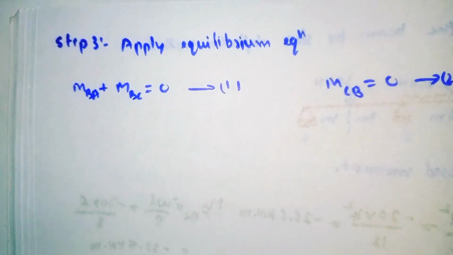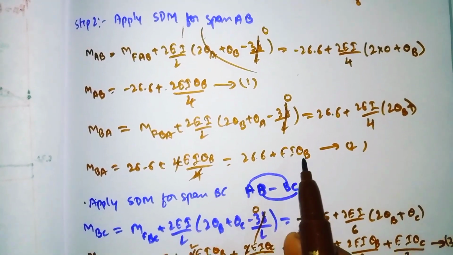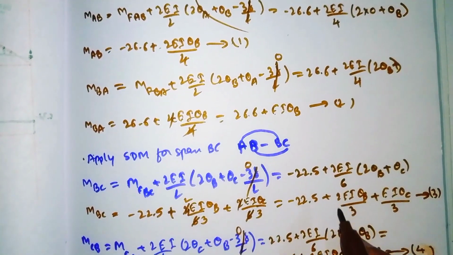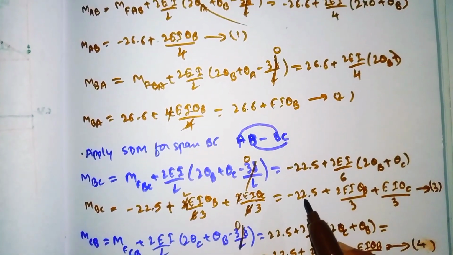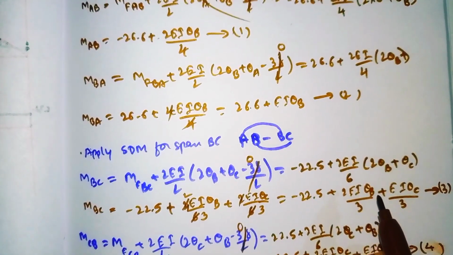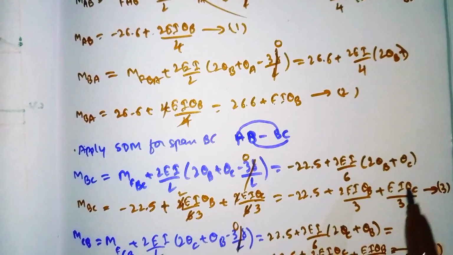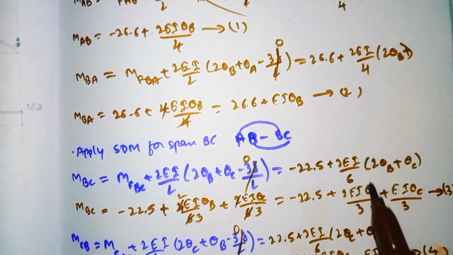Our MBA value we got was 26.6 plus EI theta B, and MBC value we got was minus 22.5 plus 2EI theta B divided by 3 plus EI theta C divided by 3. So we need to apply these two.